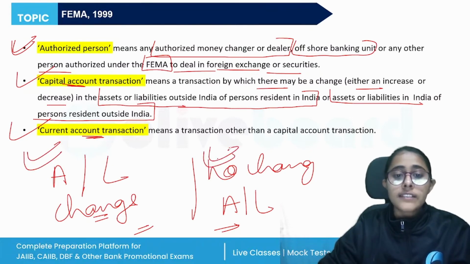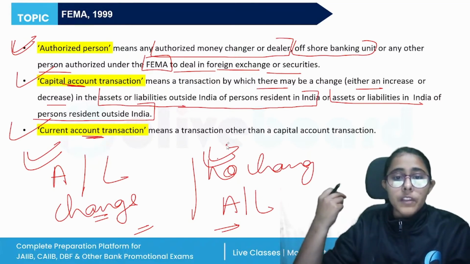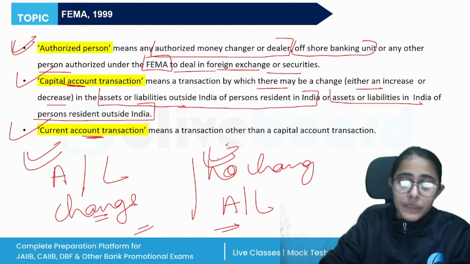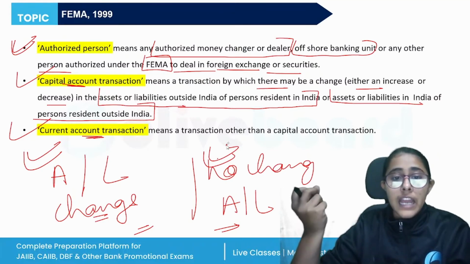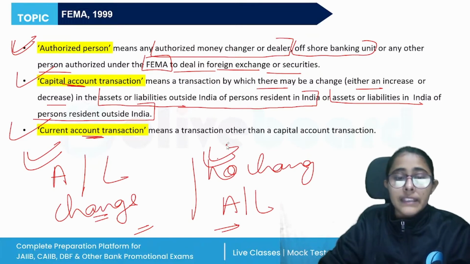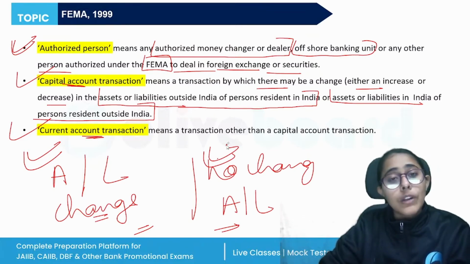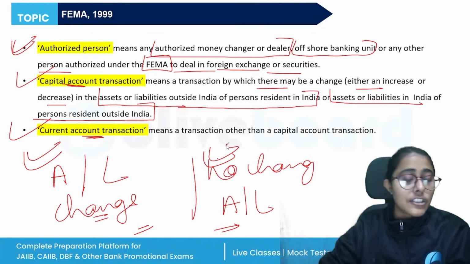And current account transaction is where no change occurs, like payment done in the ordinary course of business, services, short-term banking, then interest and loans, income from investment, remittances from people living abroad or remittances out of India, and expenses in connection with foreign travel, education, all of these.